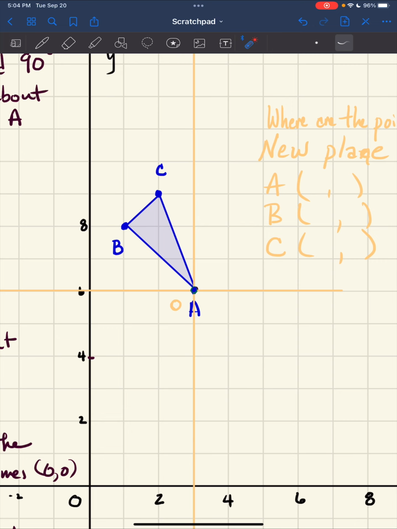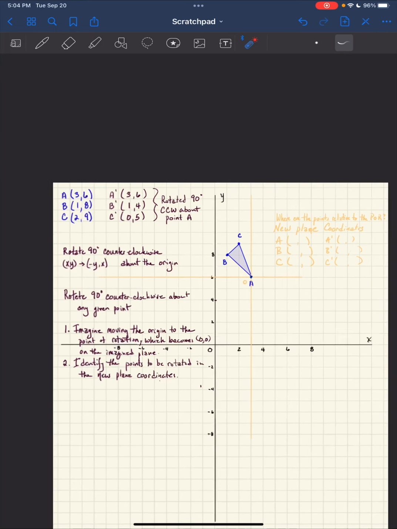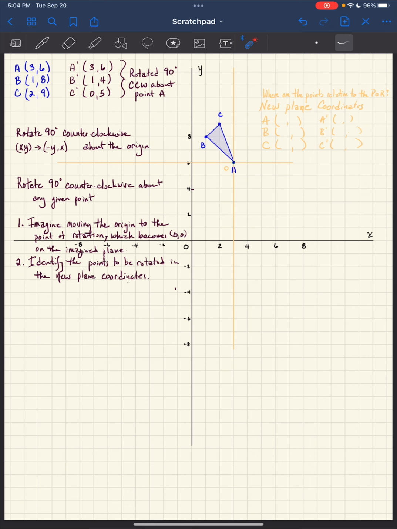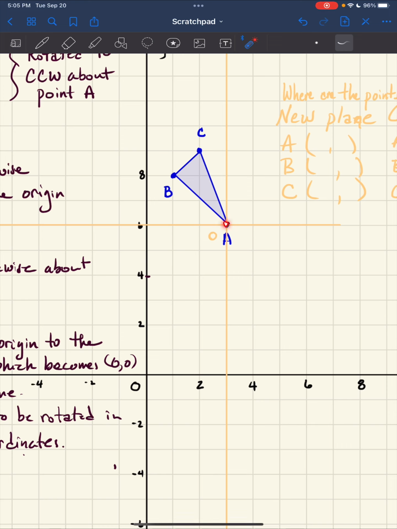Now the reason it's important to figure out those coordinates is that we're going to go back and apply this: flip them and change the sign of the y. Then we'll understand from point A where we need to move to get the rotation for A prime, B prime.